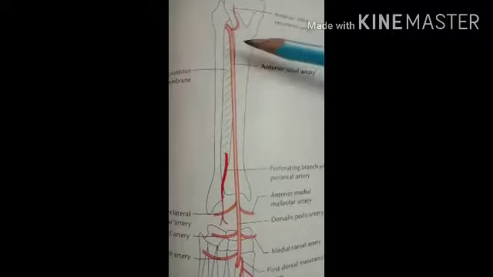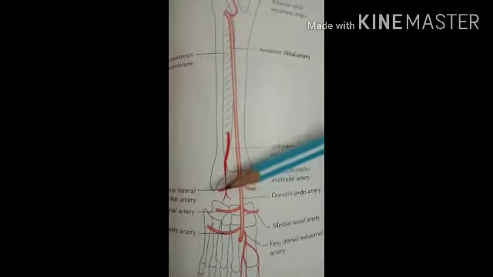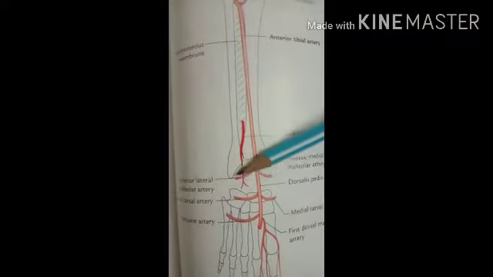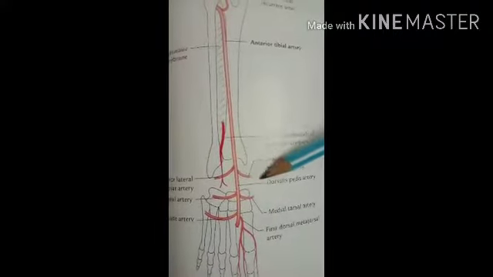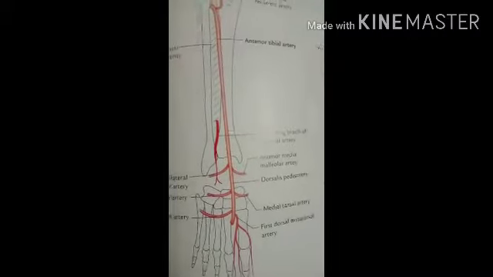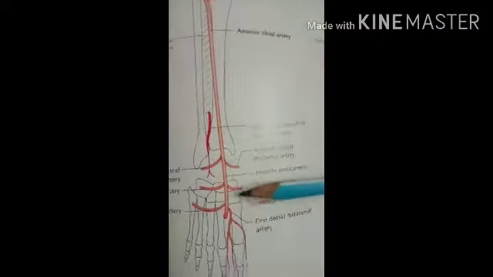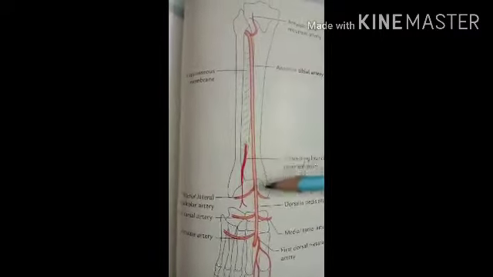The third, in the lower side, are the malleolar branches: the anterior lateral malleolar artery and the anterior medial malleolar artery, forming a network around the ankle joint. So these are the branches of the anterior tibial artery.